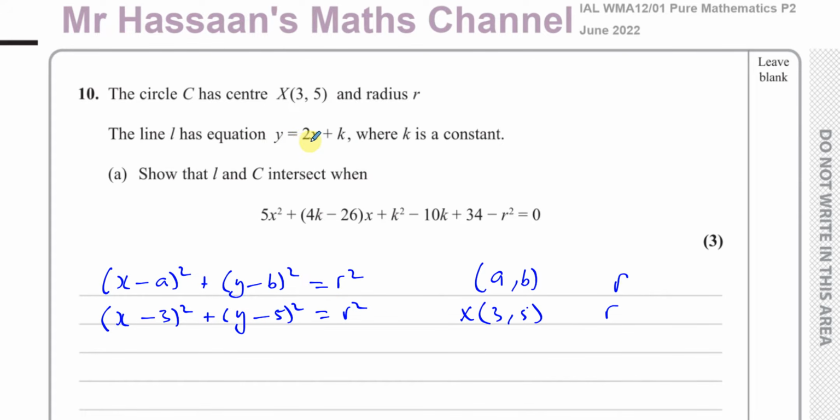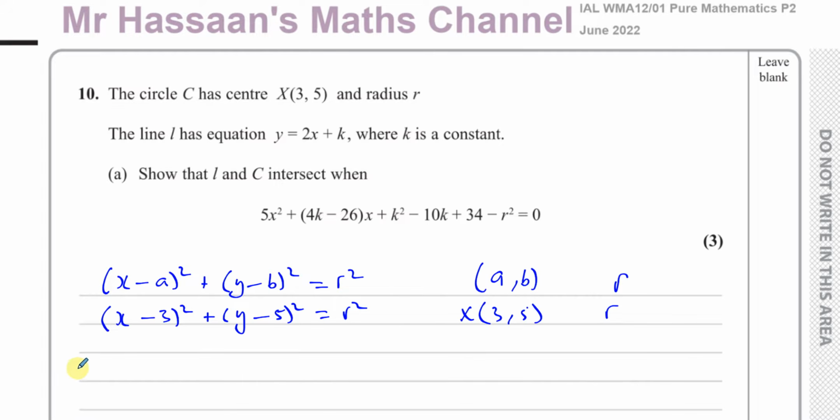So how do we find the point of intersection between a line and a circle, or between two lines, or two circles, or two curves in general? We basically substitute one of the equations into the other.